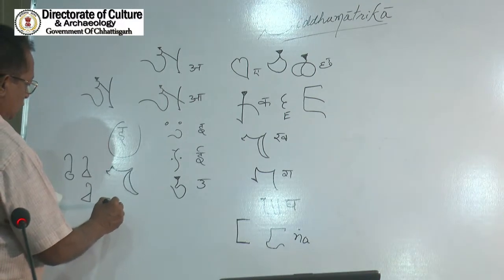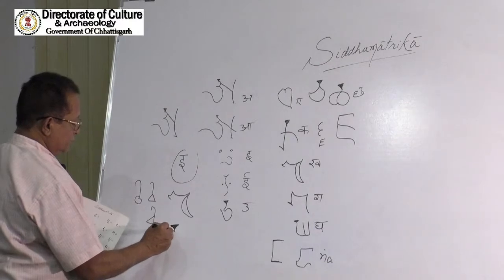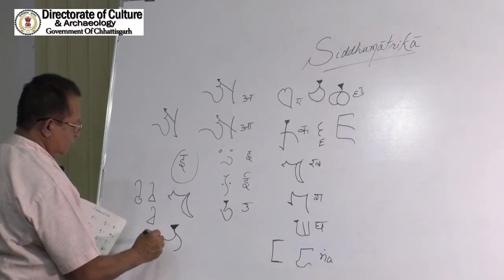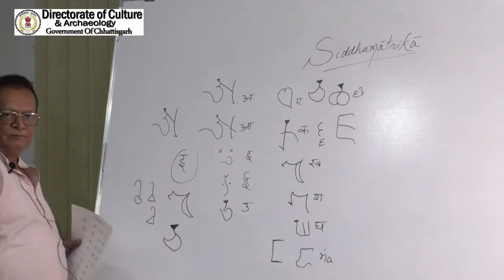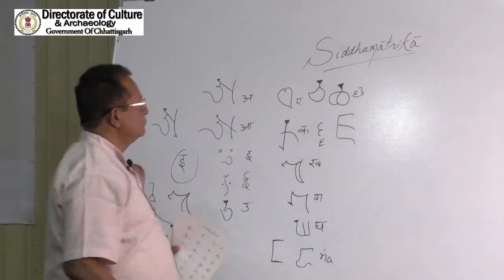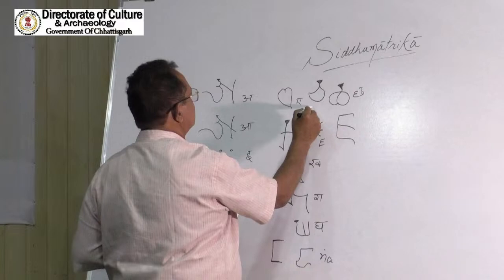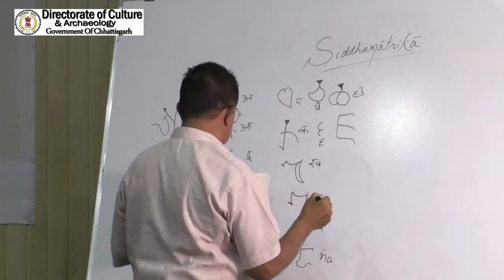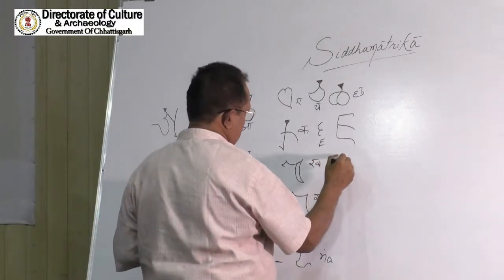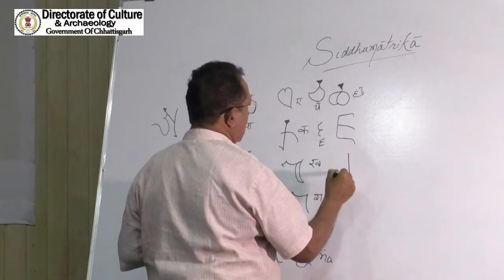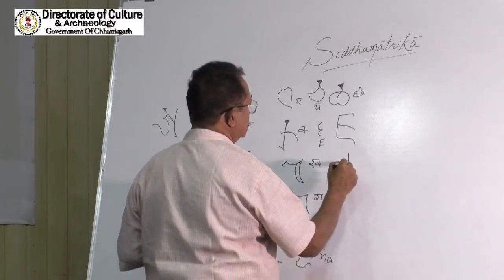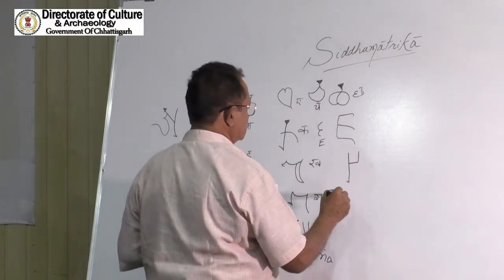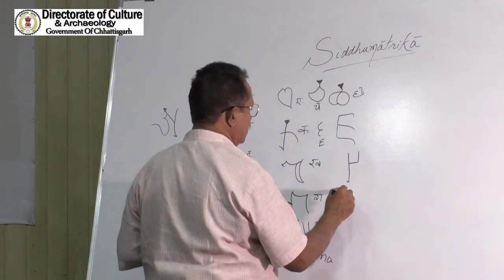This is how, so this is cha. Cha, cha, ja, jha. Actually it is the same, and now also will be.